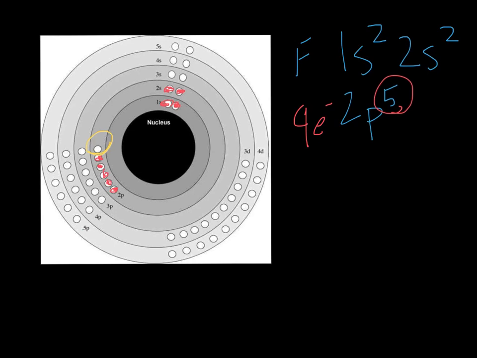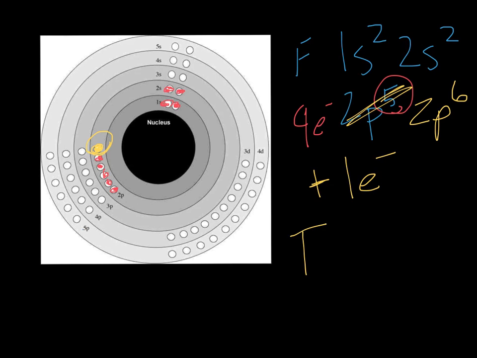Now, if I add an electron, so I add 1 electron to fluorine, okay, it would now have, instead of having 5, it would now be 2p6. And I could go ahead and fill in that 1 electron. Now, since I gave fluorine 1 electron, it now has a 1- charge.